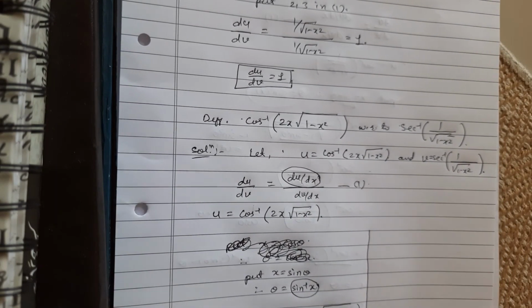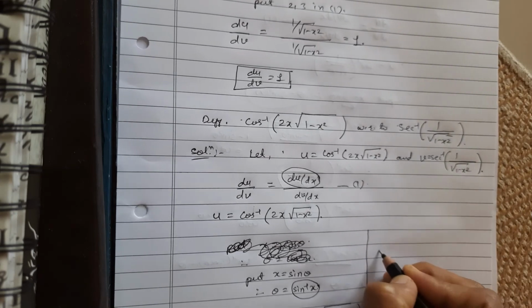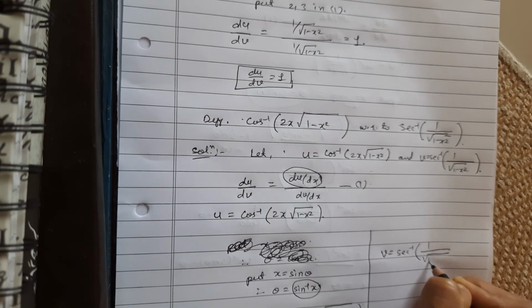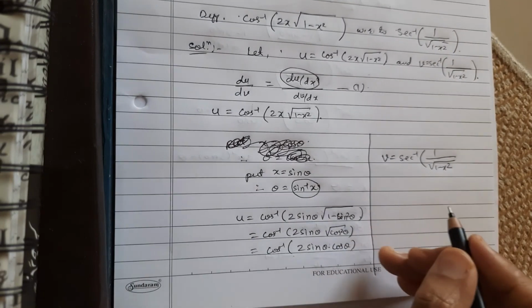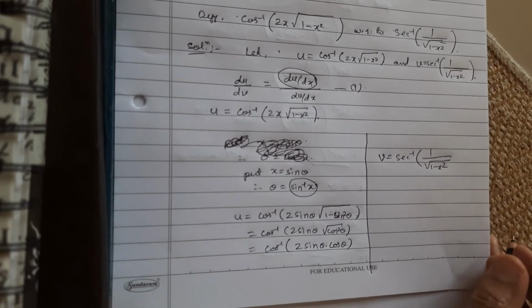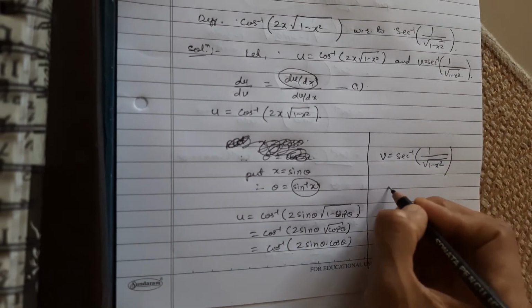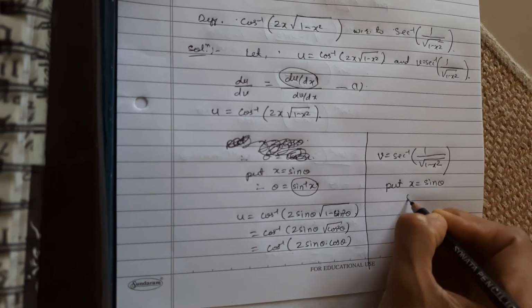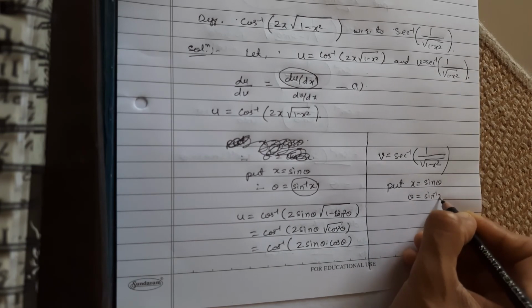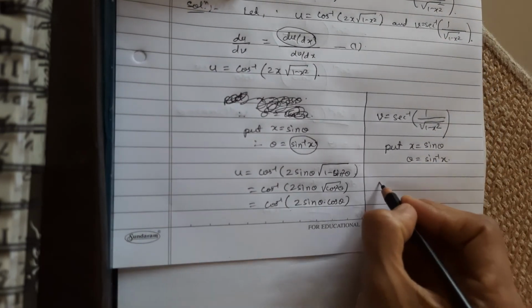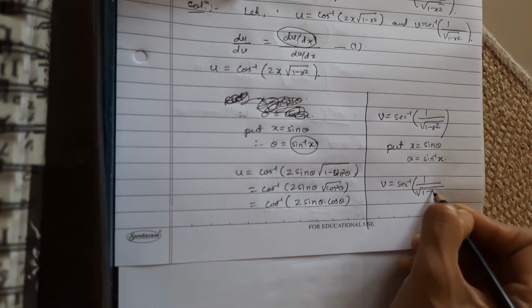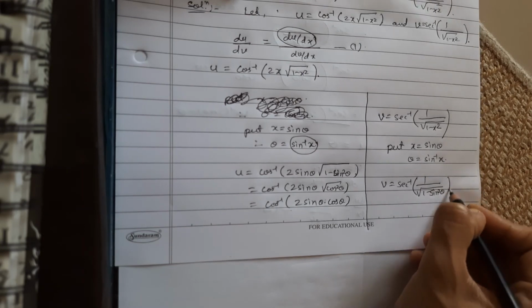Now second thing, I will solve it here. So what is my v? My v is sec inverse of 1 upon root 1 minus x square. Okay, this is my v. So I will again simplify it. So put x equal to sine theta, so theta equal to sine inverse of x. So what I get: v equal to sec inverse of 1 upon root 1 minus sine square theta.